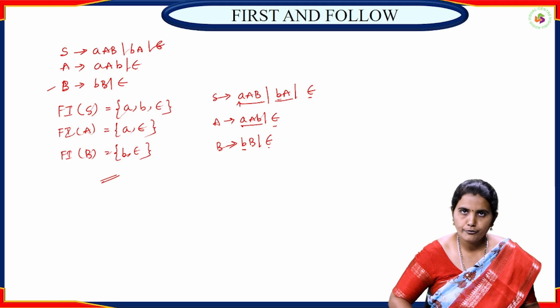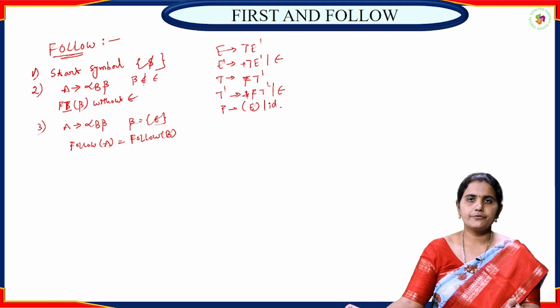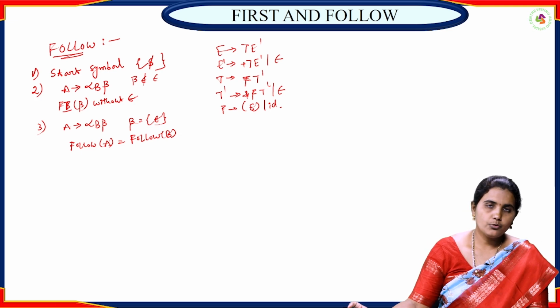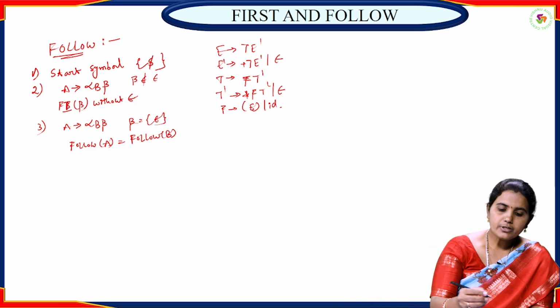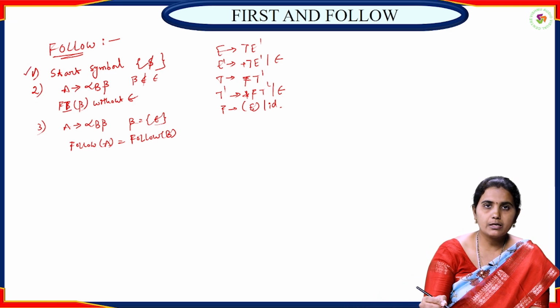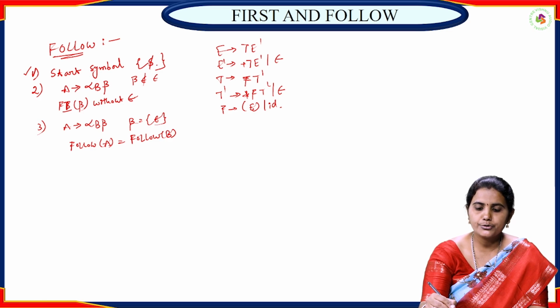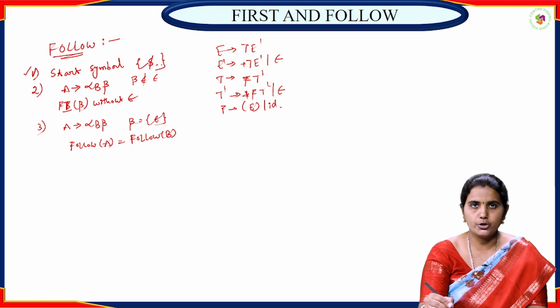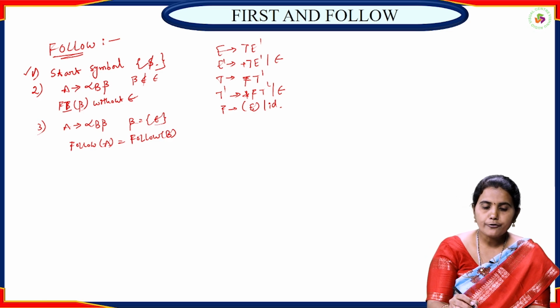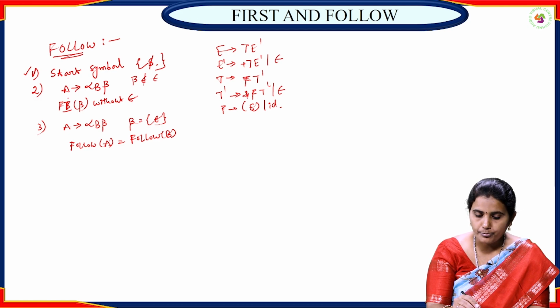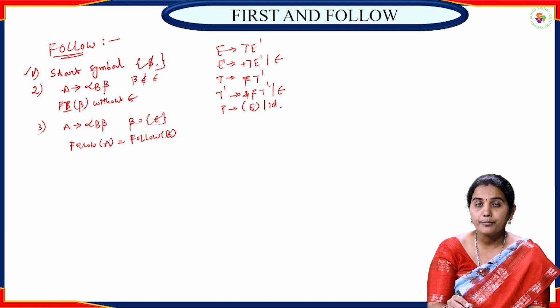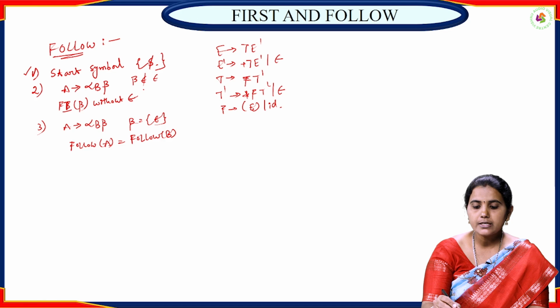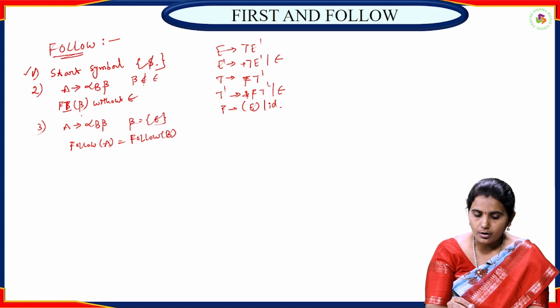Then go for the follow set. Let us start with the follow set. Now go for the rules. Whenever it is the follow set of the starting symbol, by default you are going to introduce the symbol dollar. The next one: if your production is in the form A implies alpha B beta, where beta is not an epsilon case, then the output is first of beta without epsilon.